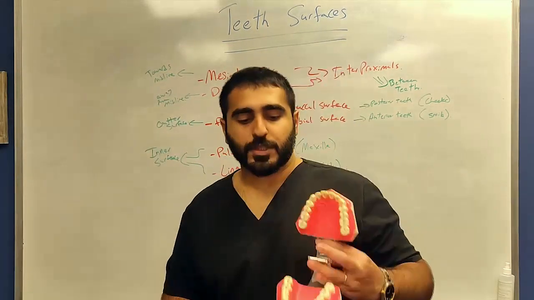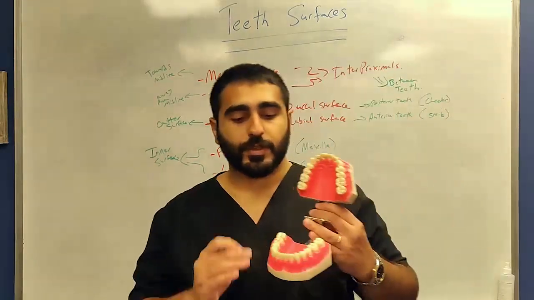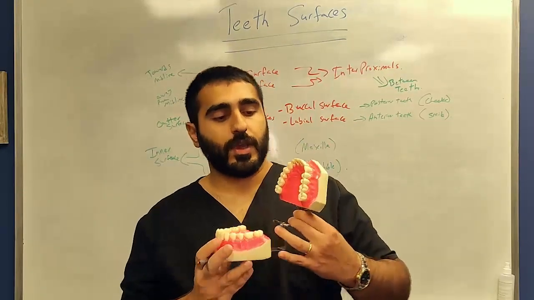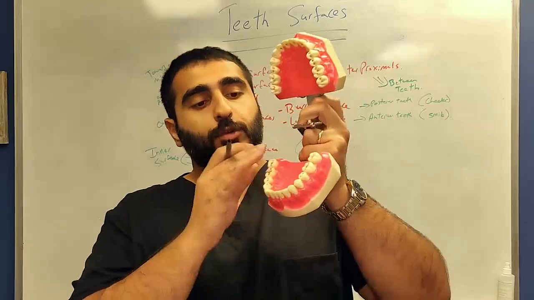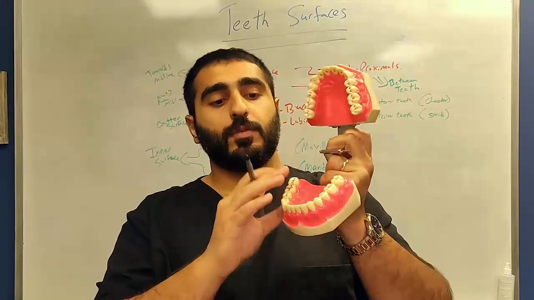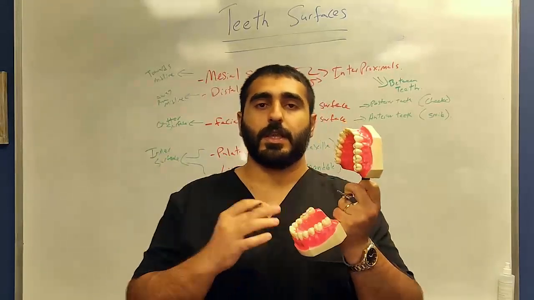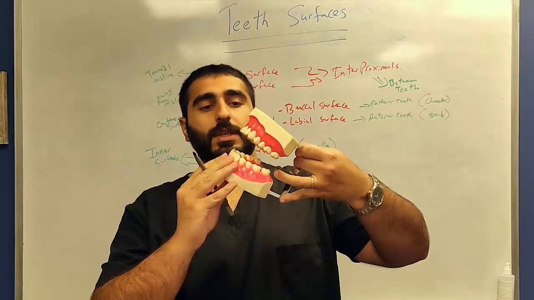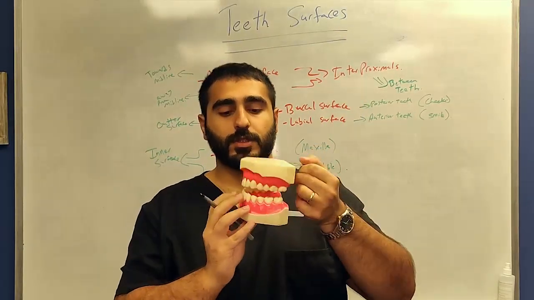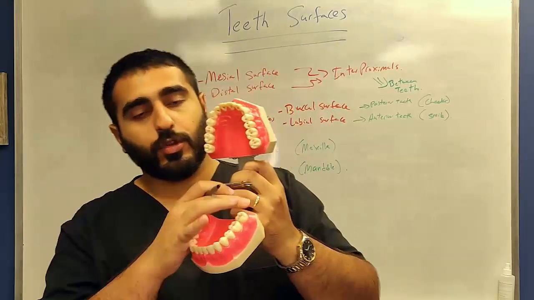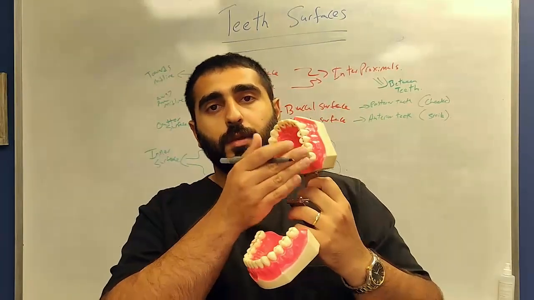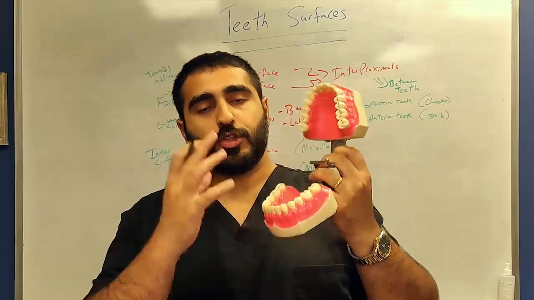And the last two surfaces we are going to talk about are the surfaces that you chew and bite on, right? On the posterior teeth, the surface that you bite on is called the occlusal surface, right? Basically, when you put your teeth together and bite down, it's called occluding your teeth. And that is your occlusal surface, which you basically bite on or chew on.